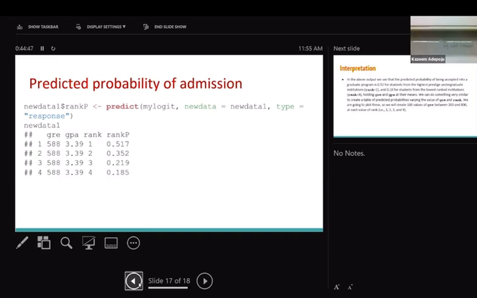But the reason why we're doing this is just to tell you that different candidates could have the same GRE score and GPA, but the reason why one is highly considered to be given admission is because he actually came from a reputable school, an undergraduate college with high prestige.